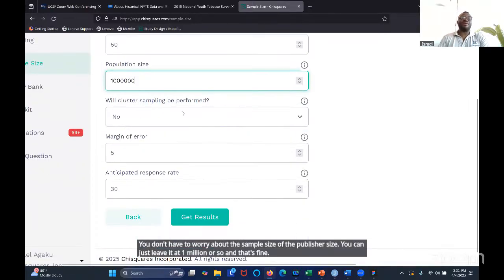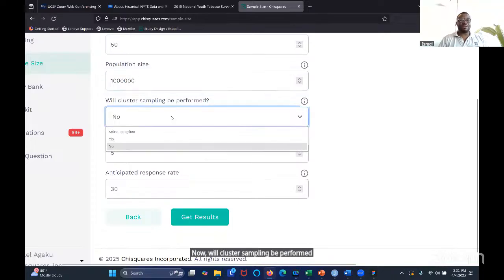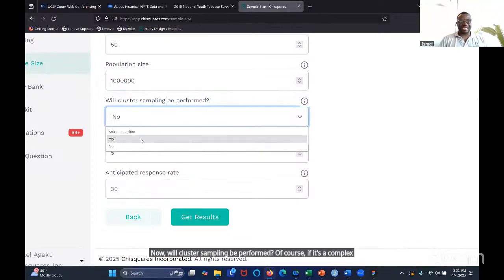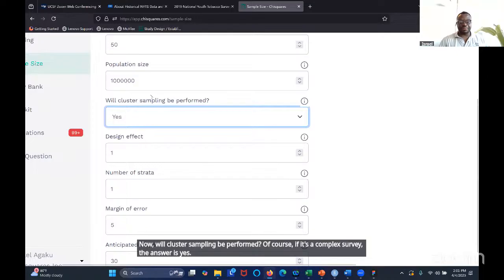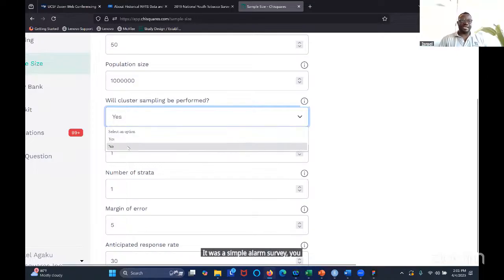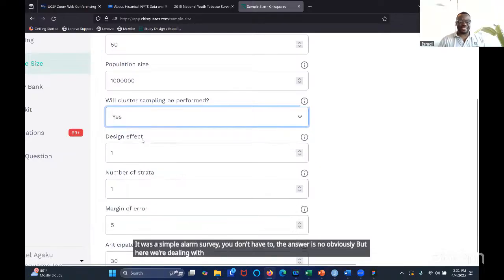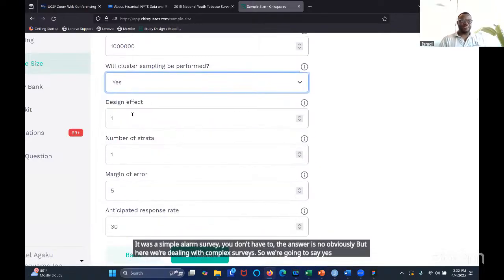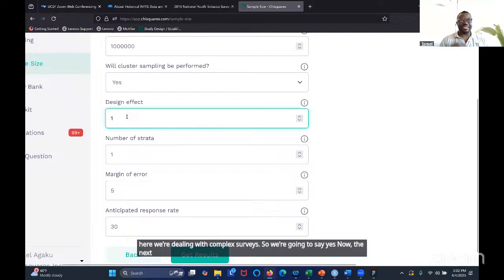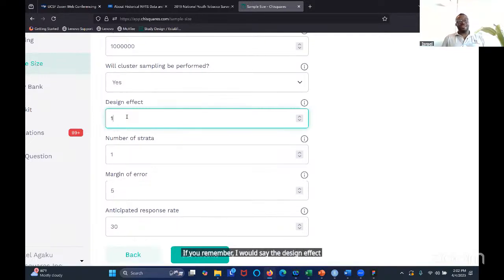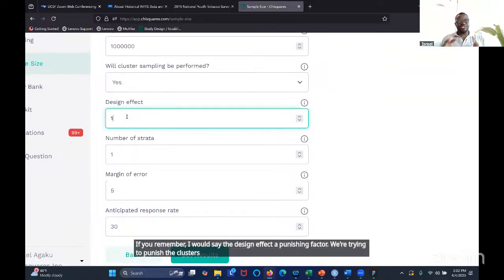Now, will cluster sampling be performed? Of course, if it's a complex survey, the answer is yes. If it's a simple random survey, the answer is no, obviously. But here we're dealing with complex surveys, so we're going to say yes. Now, the next thing for us to do is provide a design effect. If you remember, we said the design effect is a punishing factor. We're trying to punish the clusters for being so similar.